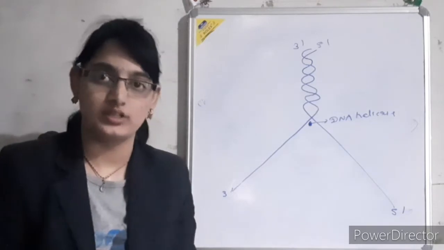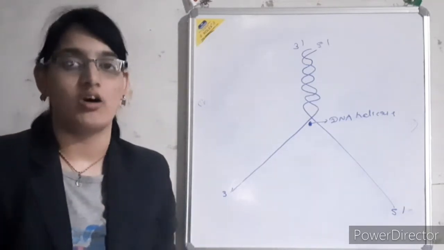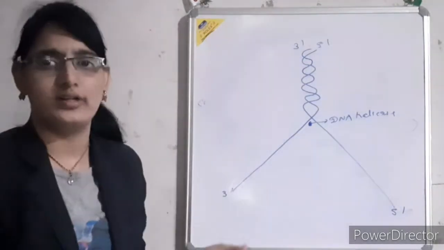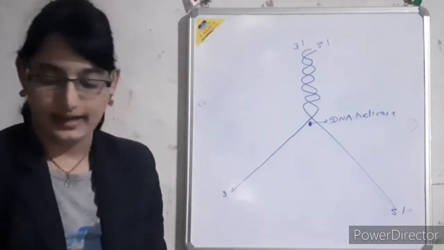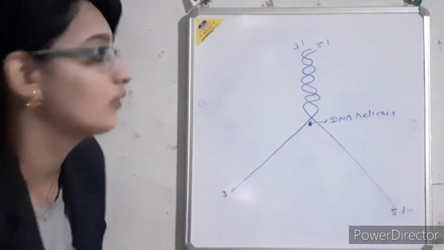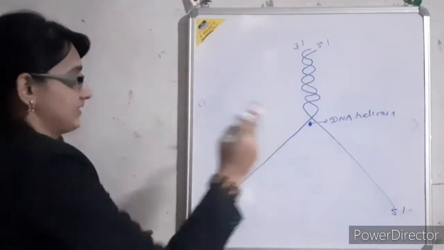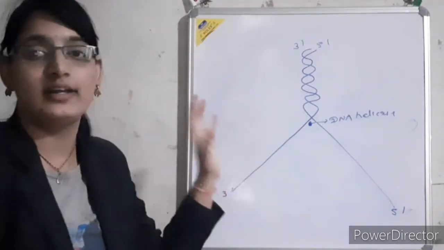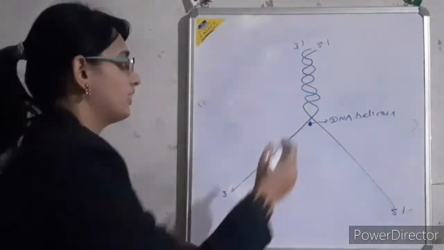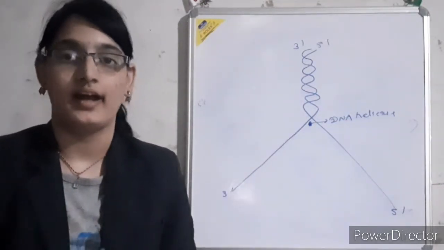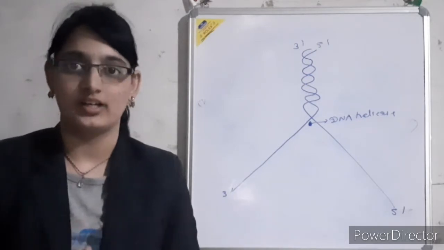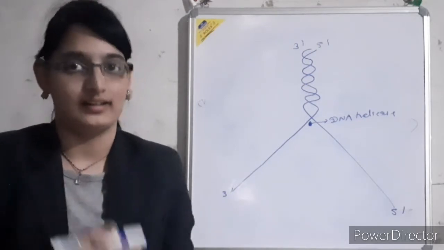After that we have used the endonuclease for the cutting of the hydrogen bonds in the DNA strands for the separation, obviously. And the DNA helicase causes the unwinding of the strands. So here the DNA helicase is helping us to unwind the DNA strand and to make it separated from each other and to avoid the coiling again.